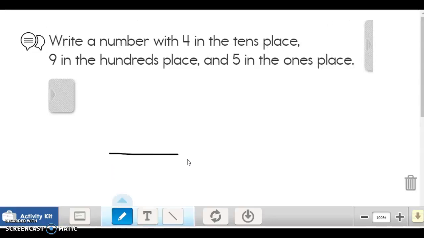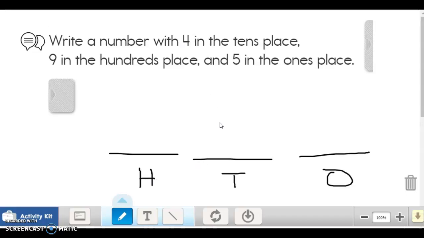Write a number with 4 in the tens place. Oh my goodness, they're switching that order on us, friends. We have to be very careful here. Write a number with 4 in the tens place, 9 in the hundreds place, 5 in the ones place. A question like this really teaches me I need to read the directions, don't I? Be careful.